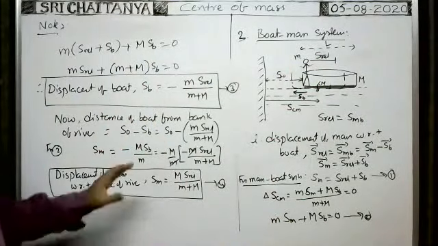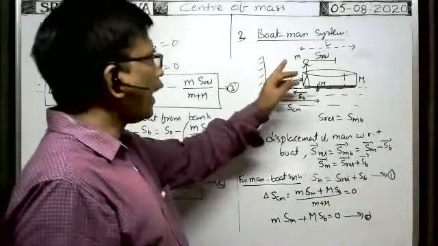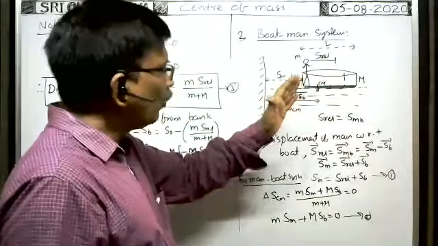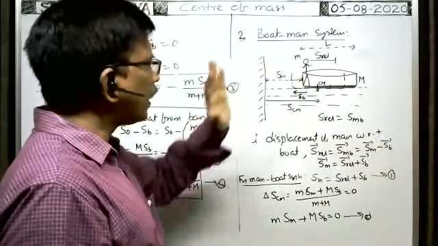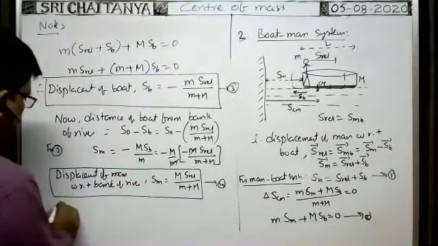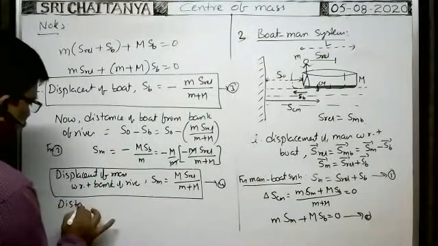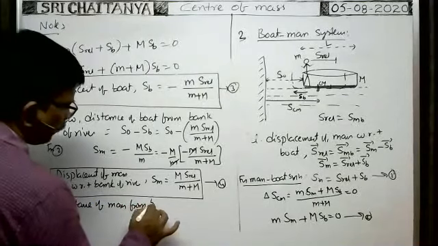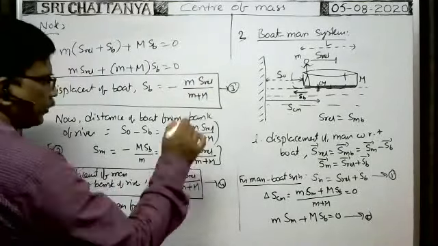Okay, now what is the distance? Now whenever the man travels through a distance equal to SL2 with respect to the boat, what is the distance of the man from the bank of the river? Distance of the man from the bank of the river, by geometry, you tell me.